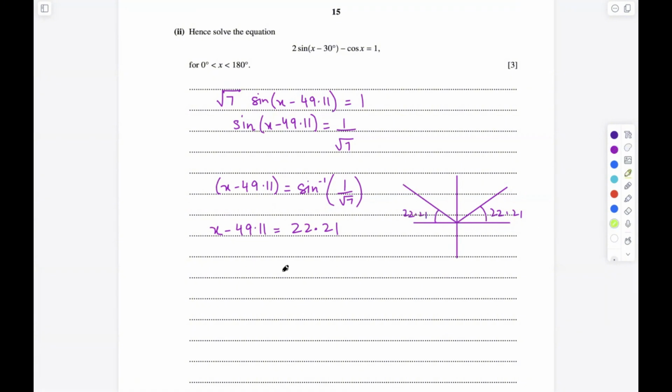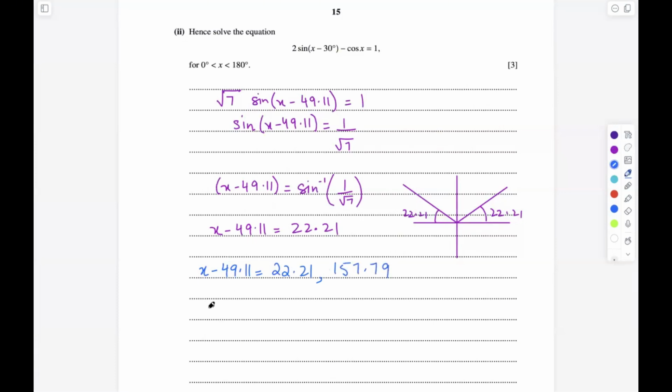So we'll get two values of x in this case. Let's change the color over here and use the blue color. So x minus 49.11 will be equal to 22.21, and we subtract 180 minus 22.21, so that will become 157.79.